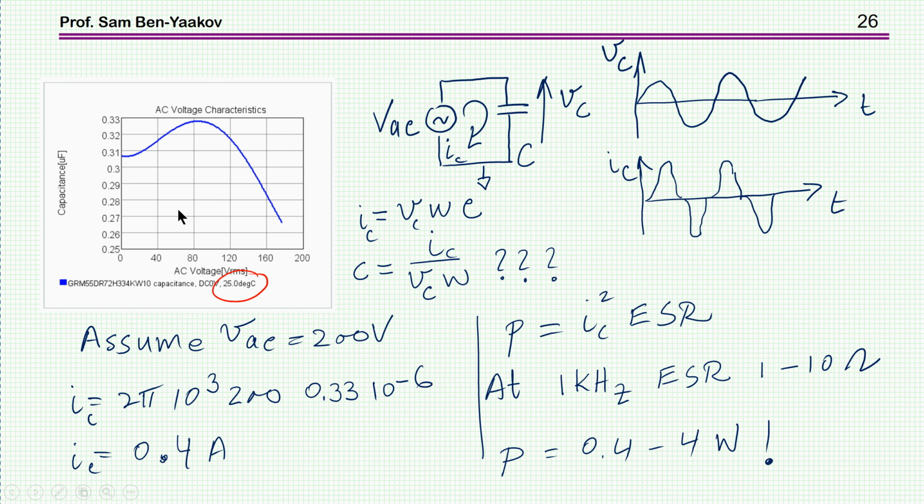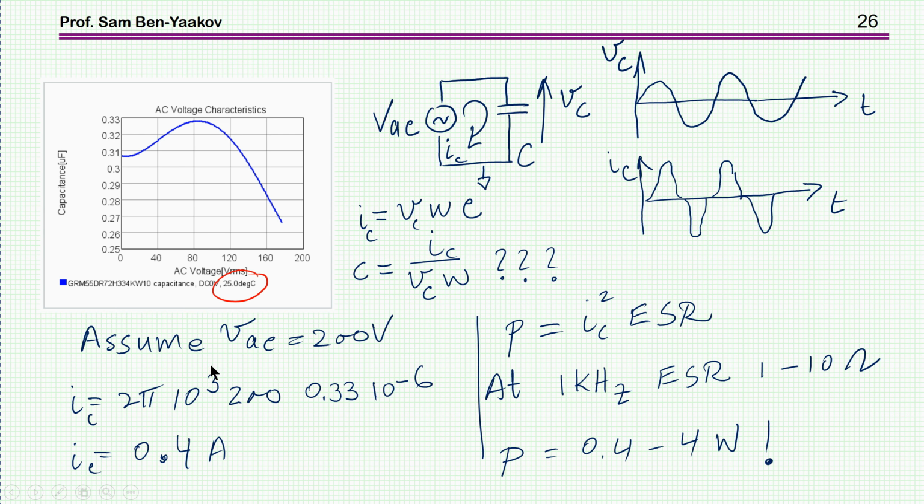I didn't say that as yet, which is another story altogether, because we don't know what happens at 10 kilohertz or 100 kilohertz or any other frequency. This is just given for 1 kilohertz. And so the current will be 2 pi times 10 to the third times 200 times 0.33 microfarad. And it comes to be 0.4 amp. Okay? Now this is driven at 1 kilohertz.